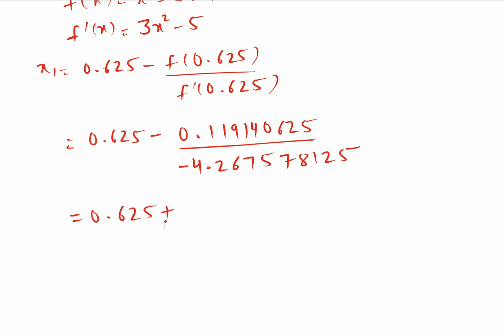Now 0.625 minus minus becomes plus 0.119140 divided by 4.267578125. So here I am getting 0.02791762.